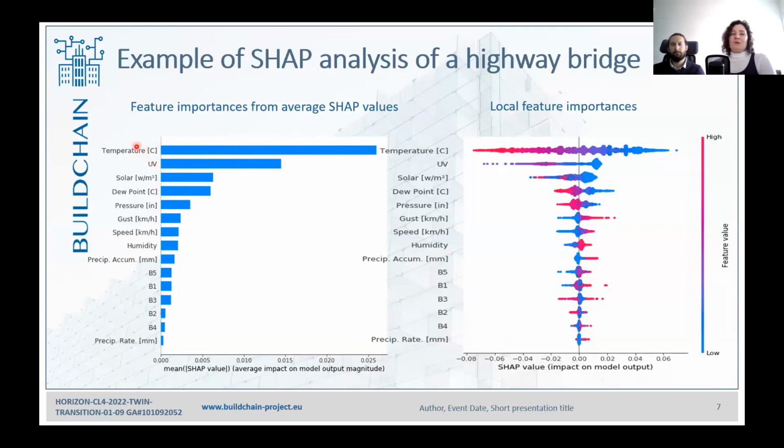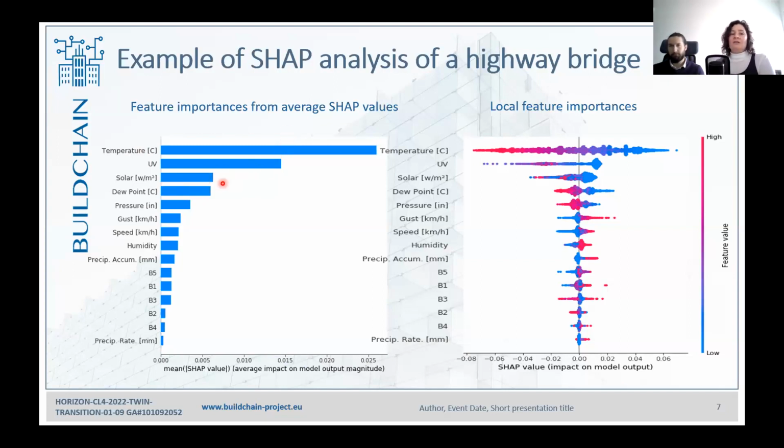You can also see some other weather parameters like UV radiation and solar radiation. They are highly correlated with the temperature. So you cannot really distinguish within these correlated input parameters, because they depend on each other or they are correlated with each other.